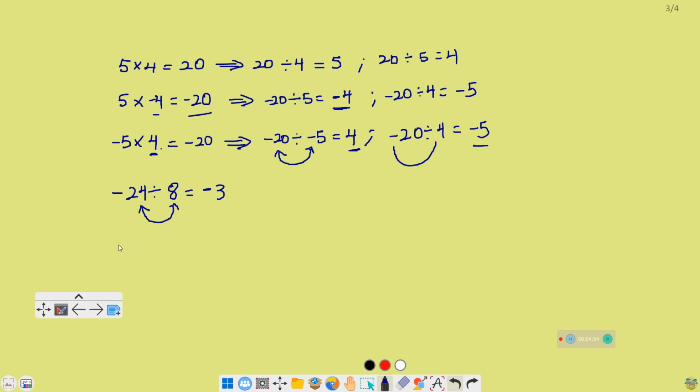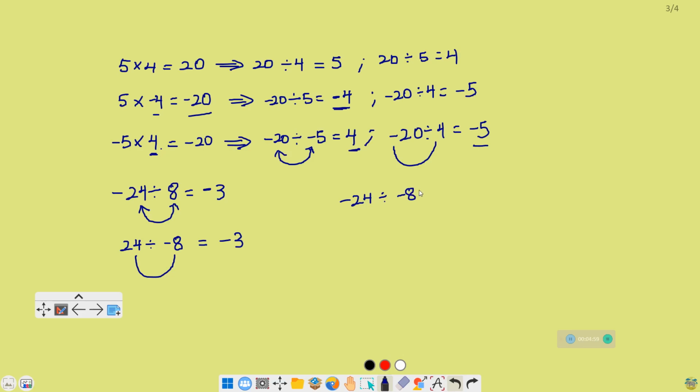In the same way, what happens if the divisor is negative? Again it's the same, you just divide first. We'll get 3. Since one of them is negative, the quotient will also be a negative integer. Now if both of them are negative, what happens?